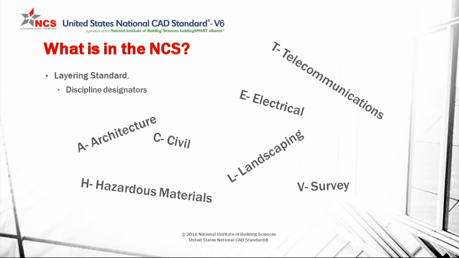Let's look at some of the elements of the standard and see what is in there. The layering standard. The AIA contributed the CAD layer guidelines to the NCS. It has been expanded over many years through the NCS consensus process. We now have a vast number of discipline codes, major and minor codes, to cover a wide assortment of different use cases.